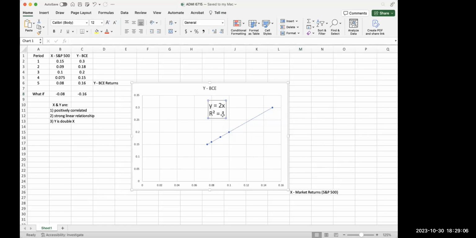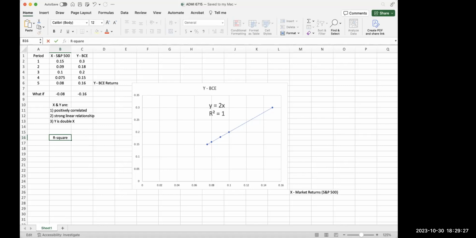And then this part, what does R squared tell us? We have a strong positive linear relationship between the two variables.